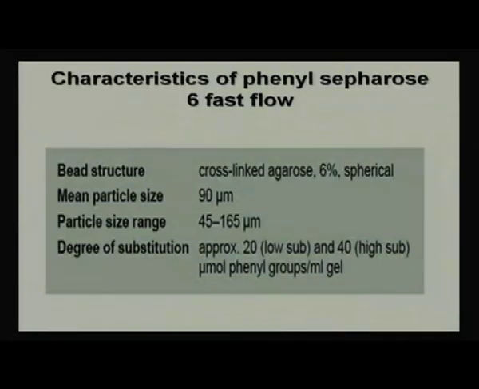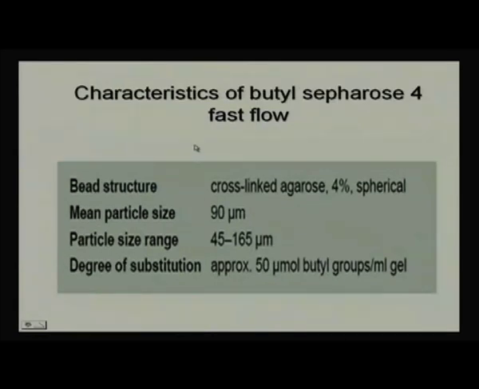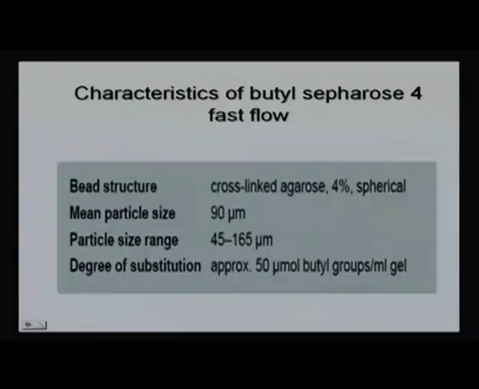Now, there are different types of matrix molecules which can be used, such as phenyl Sepharose 6 Fast Flow, with its bead structure, particle size, particle range and degree of substitution, all details commercially available. Not only phenyl Sepharose, butyl Sepharose is also a very popular matrix as far as hydrophobic interaction is concerned.